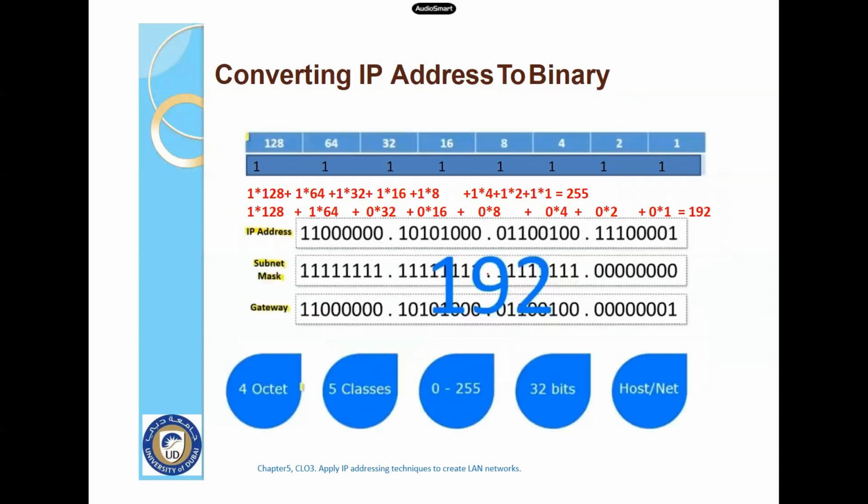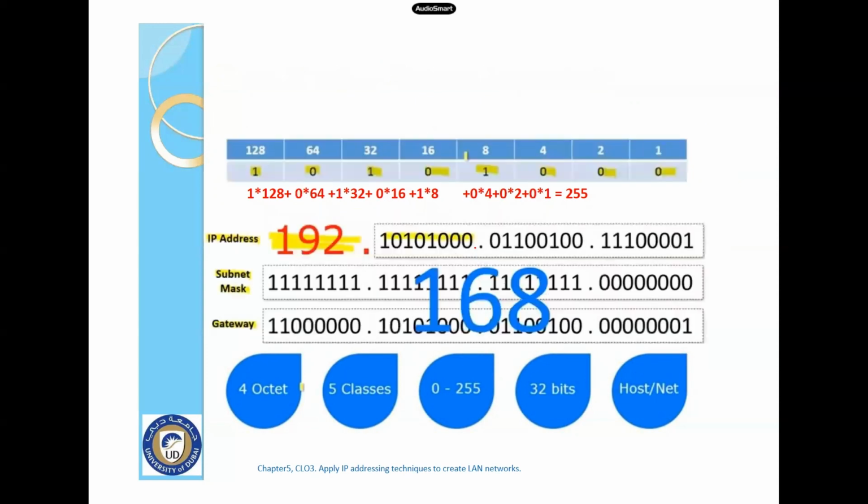Okay, so the first one here, 1, 1, all zeros, so that's 192. This one, do the conversion similarly, following this table here, and so on, and then you will get the IP address in numeric or decimal form. So the first one here is 192. This one here is 168, I guess.